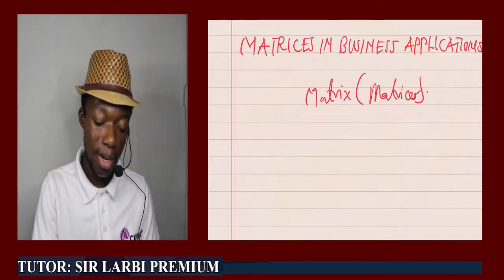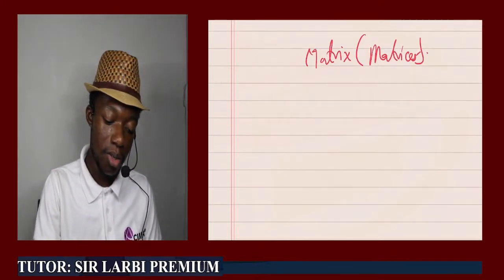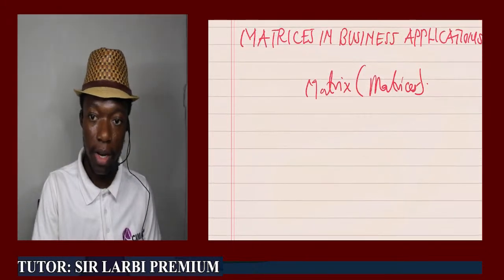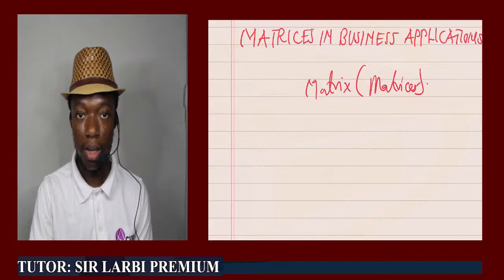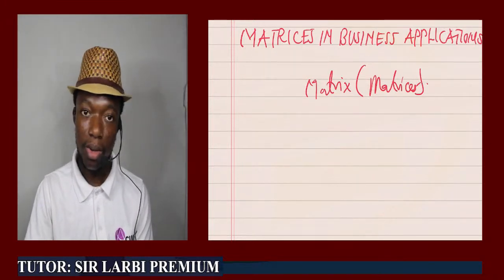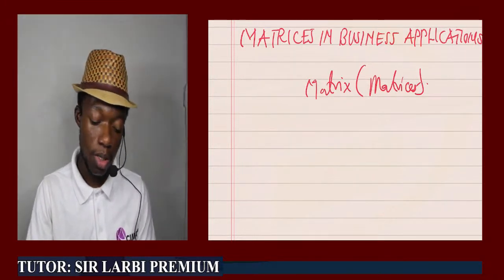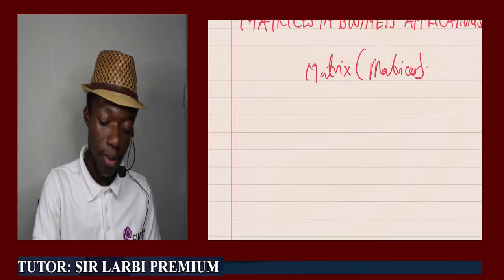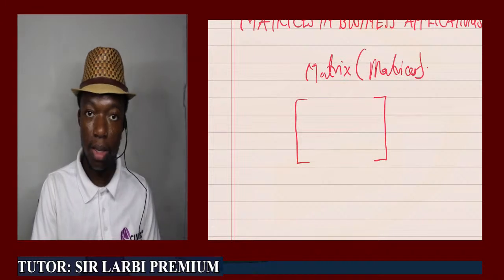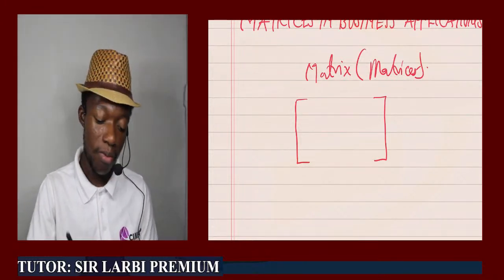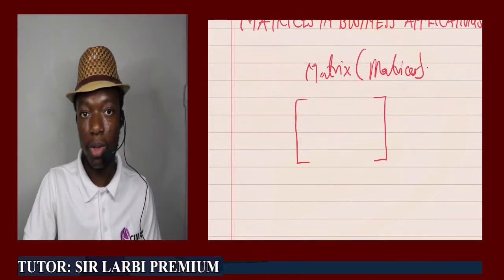When we talk about a matrix, it is a rectangular array consisting of elements or entries with respect to rows and columns. So a rectangular array, something like this, and within the rectangular array we have an element, or we can also call it an entry.